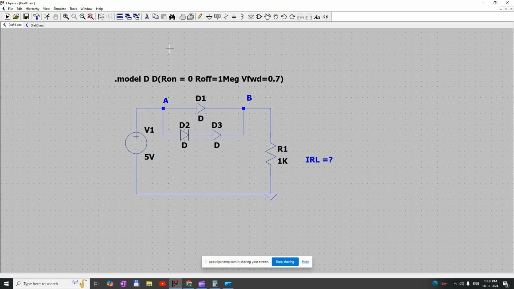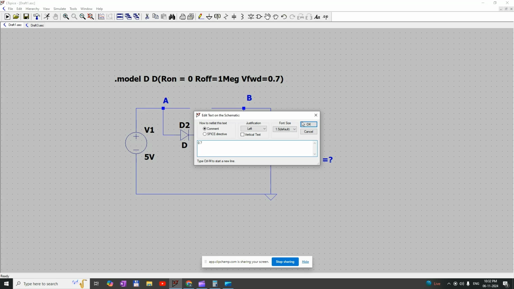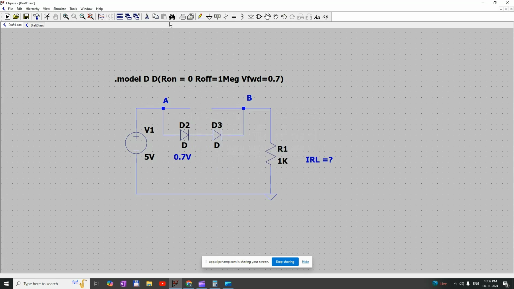For example, if I remove the diode D1, we will get the voltage across node A and node B as 1.4 volts, because the cut-in voltage across the diode D2 is 0.7 volt and the cut-in voltage across the diode D3 is also 0.7 volt.